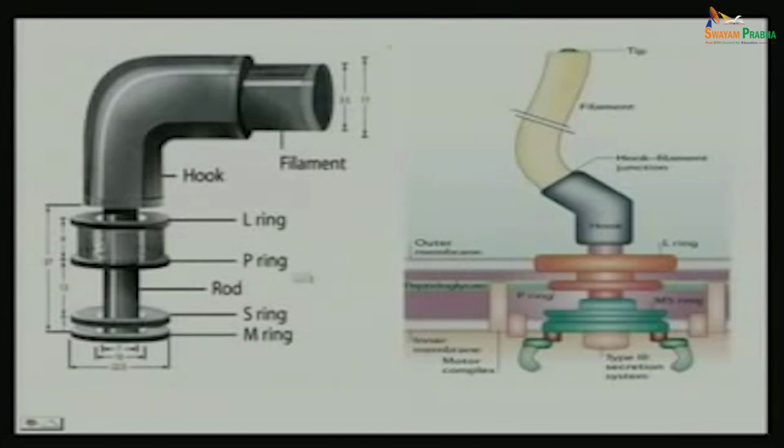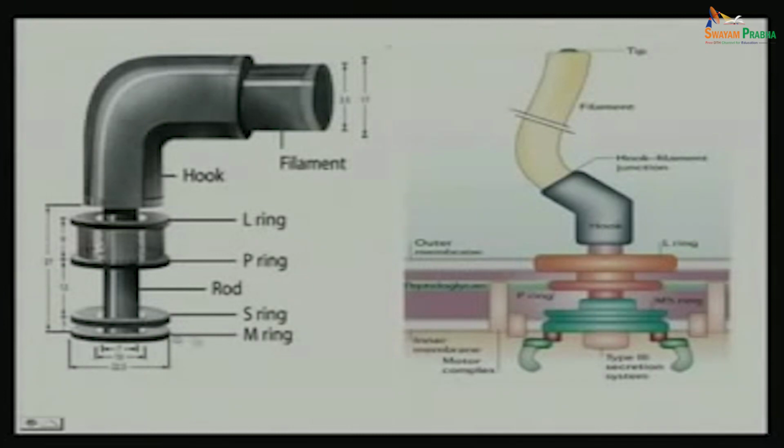firmly anchored on the cell wall of this bacteria. Now, if we see the structure of this flagella, this is the filament, this is the hook and this is the basal body, and in this basal body different types of rings are there.